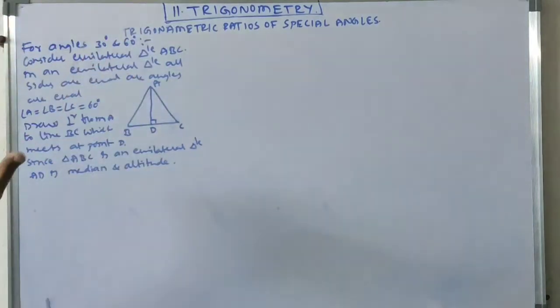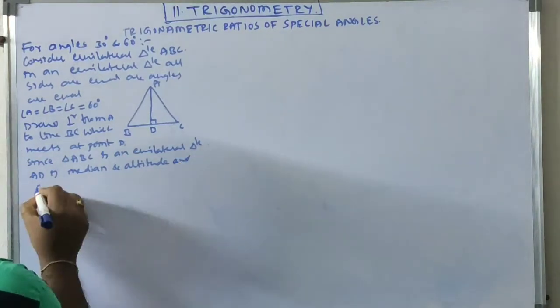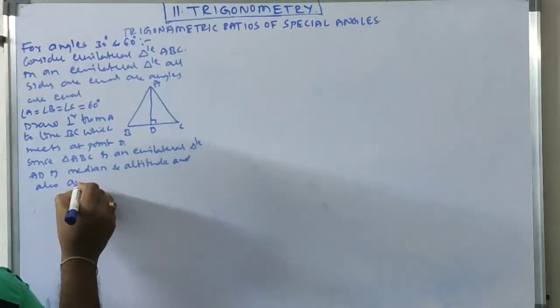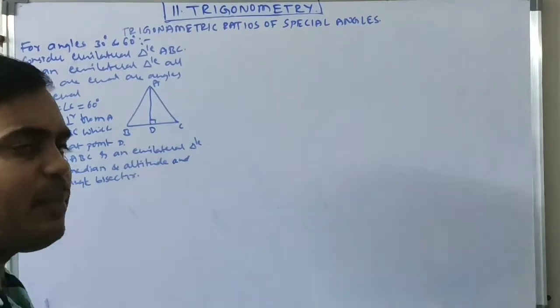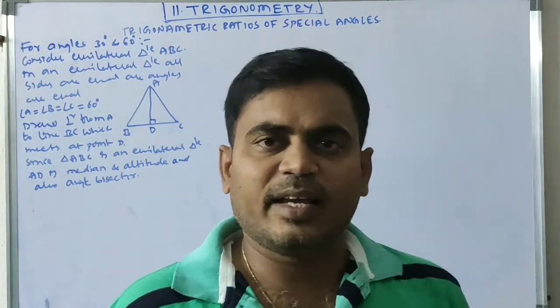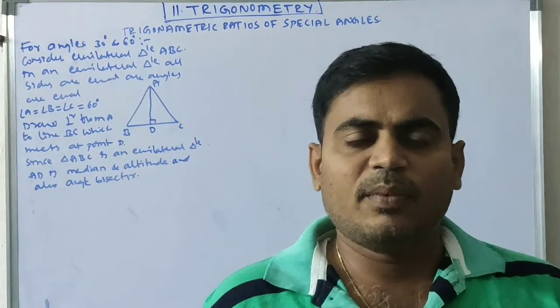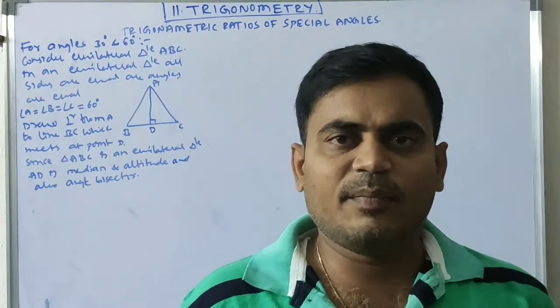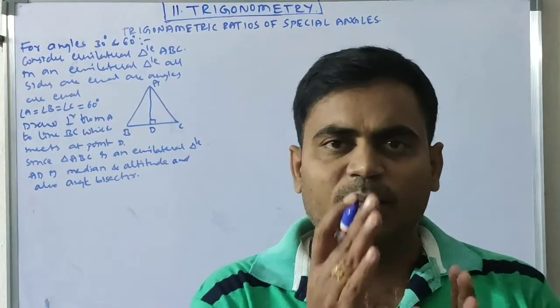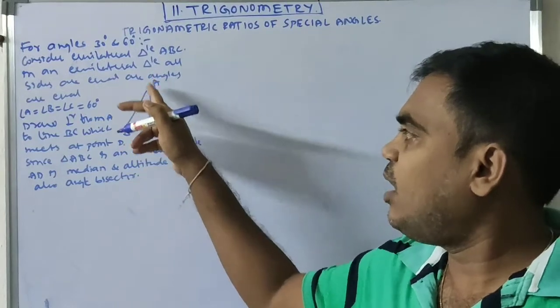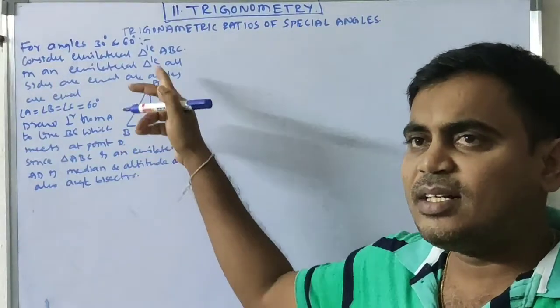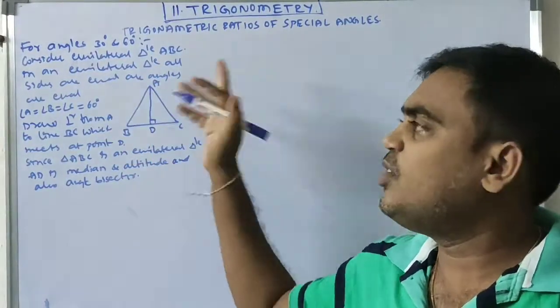So AD is a median as well as altitude, and also angle bisector and perpendicular bisector. For an equilateral triangle, median, perpendicular bisector, angle bisector, altitude, all coincide, all will be this one AD.